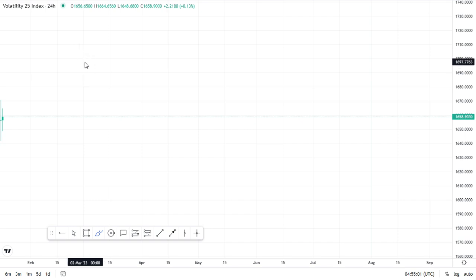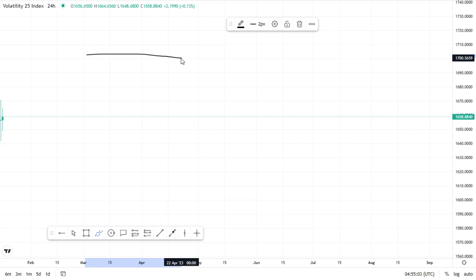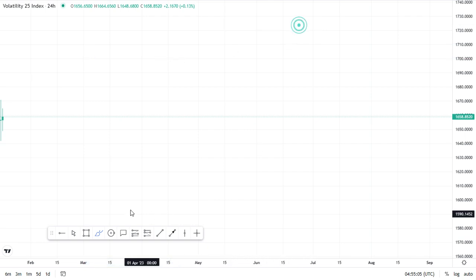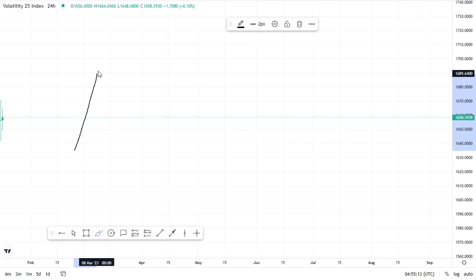The first pattern I'm going to be sharing with you guys is the double top and double bottom, or W and M pattern. The price pushes up this way, then pushes and retests the same zone and bounces back to the downside.